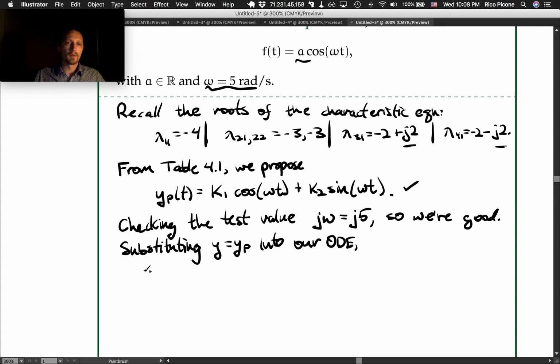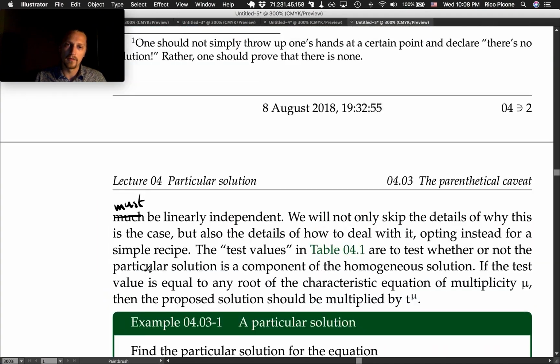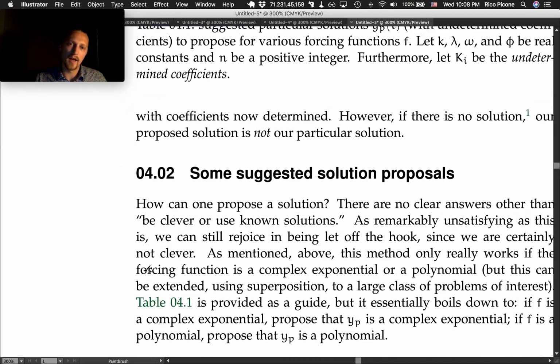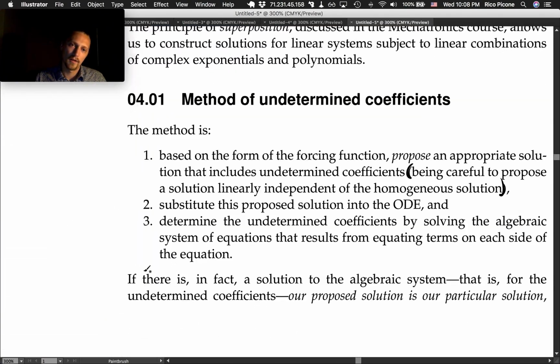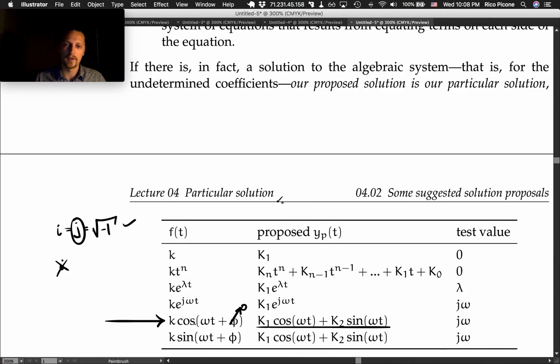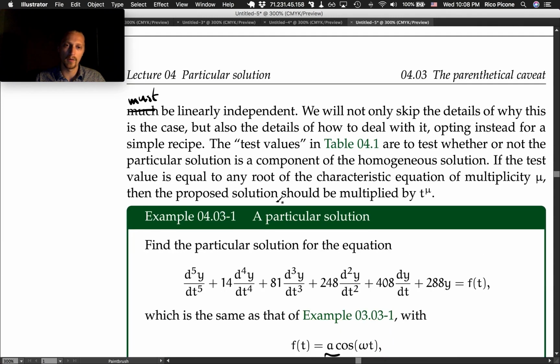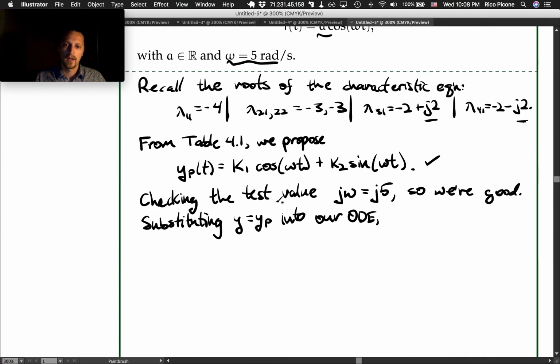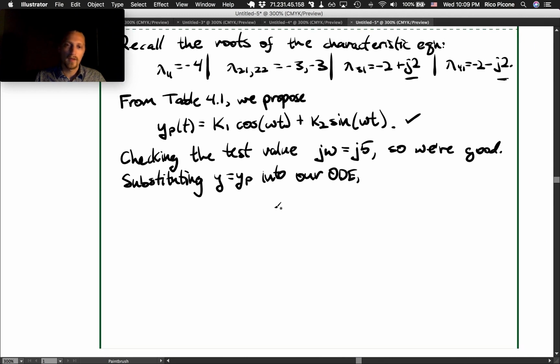So to review, we're on step 2 now: substitute the proposed solution in the ODE. We proposed it, we're going to substitute it in, and then we're going to have to determine the coefficients. So we say y is equal to yp.